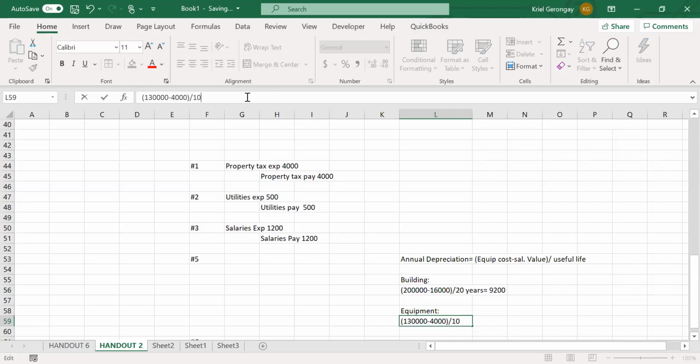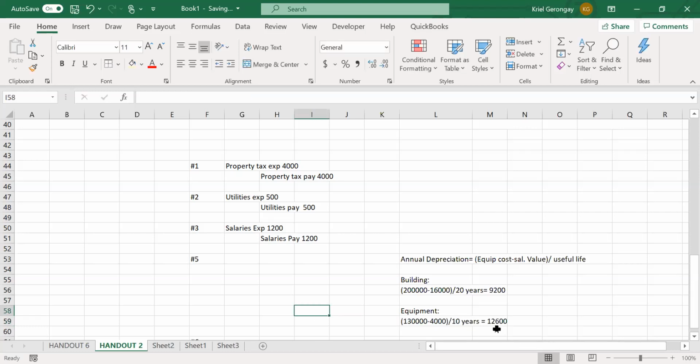And that would equal 12,600. Thank you. So does anybody have questions on how we got these two numbers? We're good. Okay. Carry on.